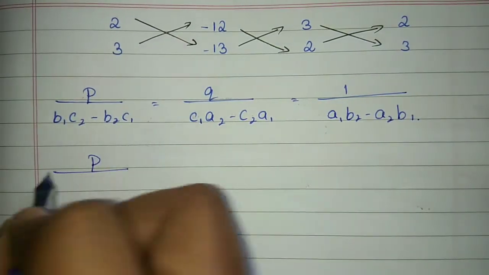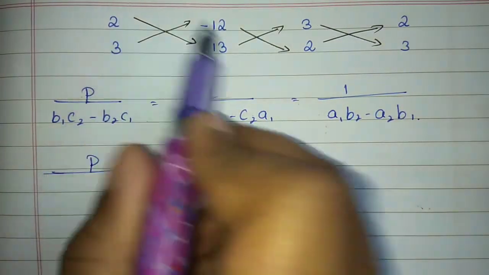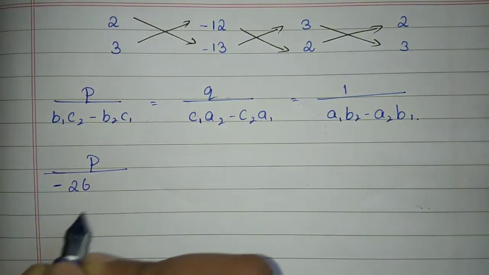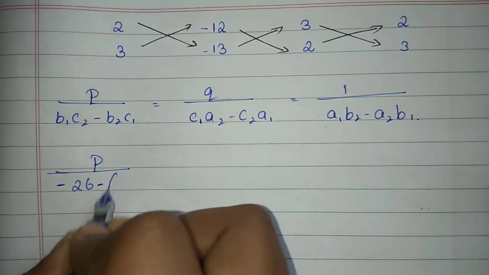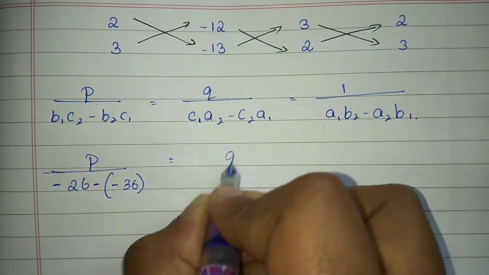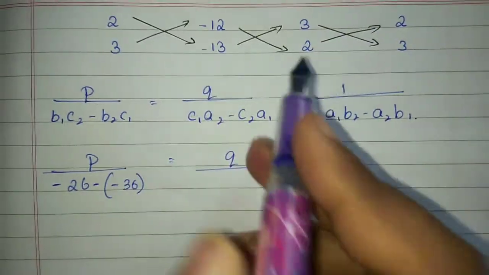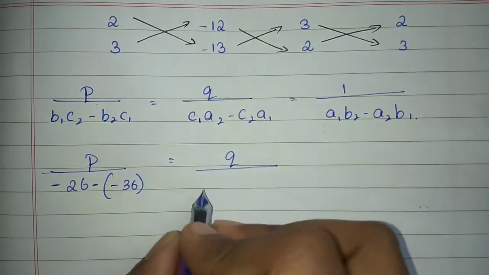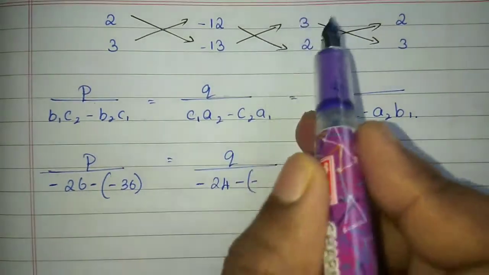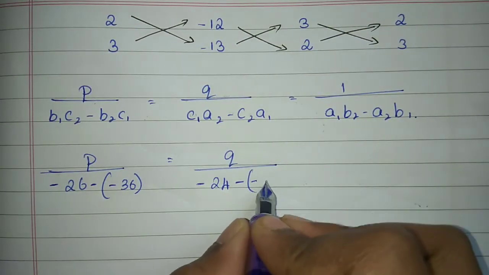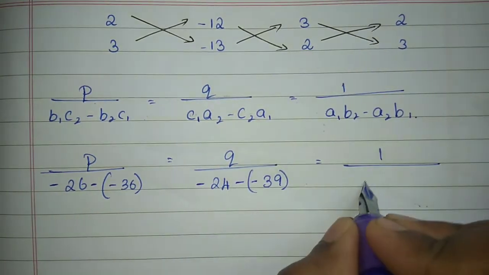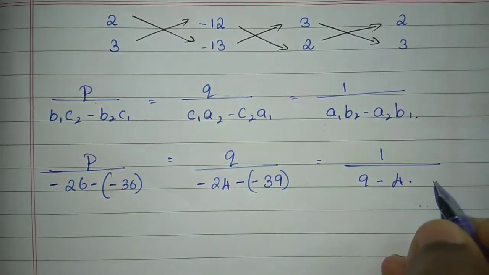So P by, this is 2 into minus 13, it is minus 26, minus 3 into minus 12 is minus 36, is equal to Q by C1 A2, minus 12 into 2 is minus 24, minus of minus, since minus is over here, 3 into 13 is 39, which is equal to 1 by 3 3s are 9 minus 2 2s are 4.